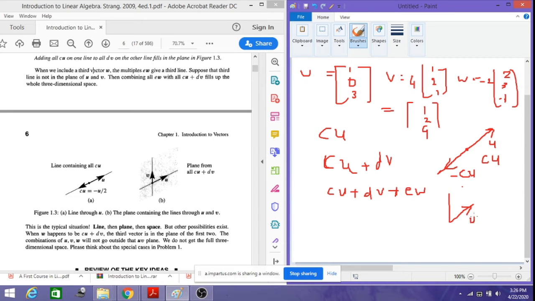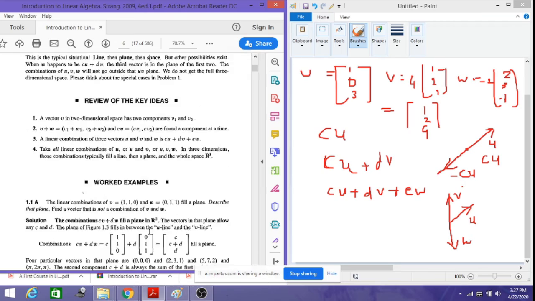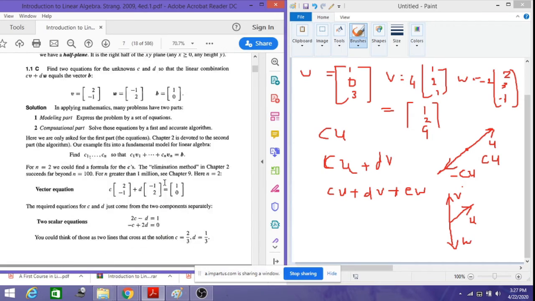This will be our U, moving in this direction, and this is V. So it will fill a plane, basically acting in one plane. And if we take W as one more, it will fill one more direction, so now it will fill the three-dimensional space. That is what it means.